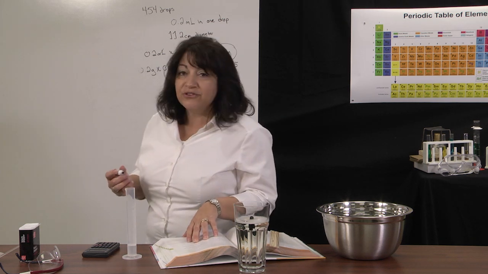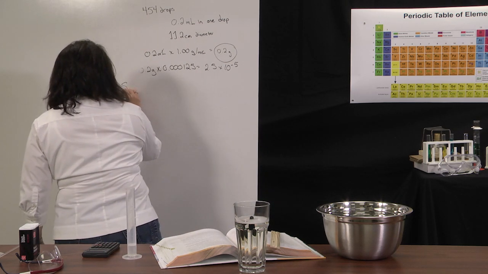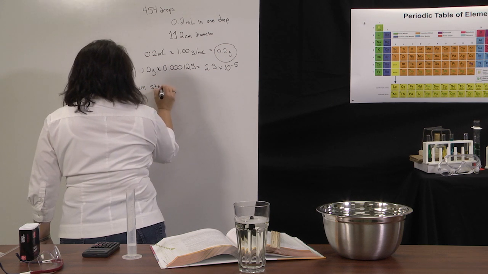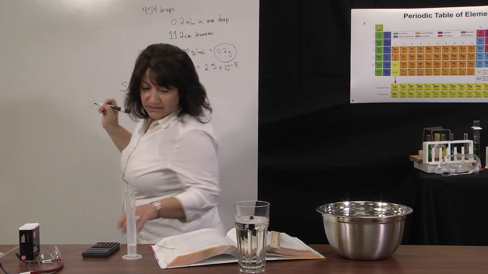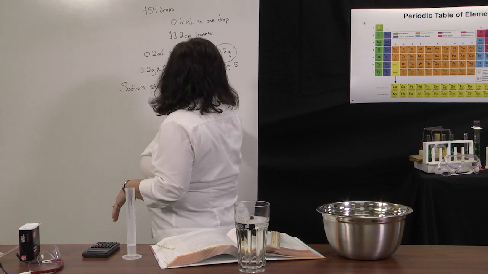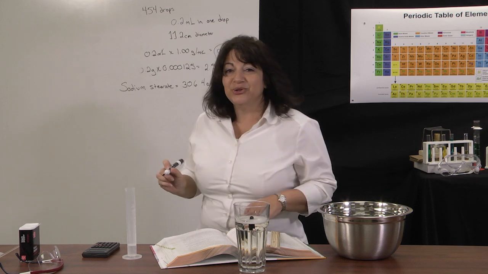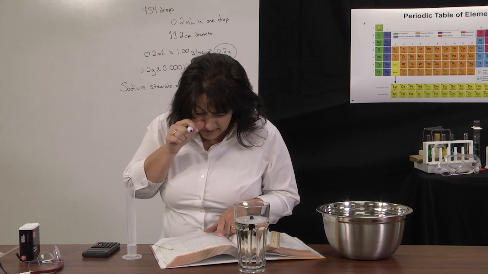And I got 306.4 atomic mass units of sodium stearate. Make sure I get that right. 306.4 atomic mass units. That's how much the mass of a single molecule of sodium stearate is.